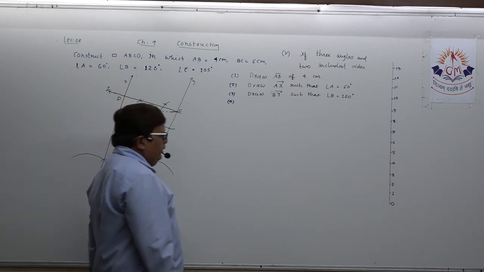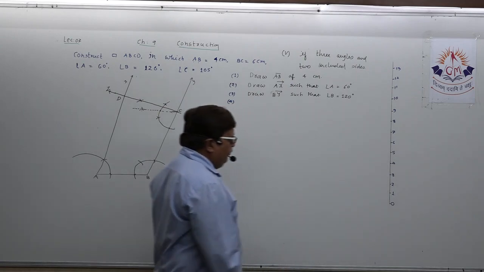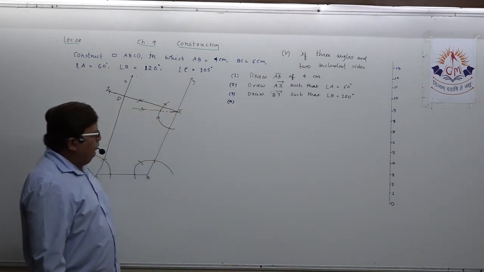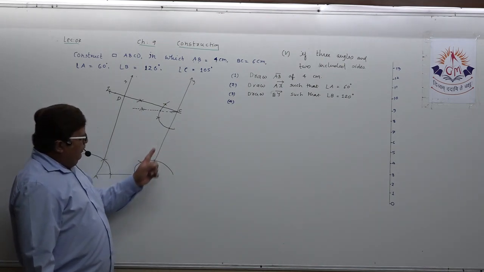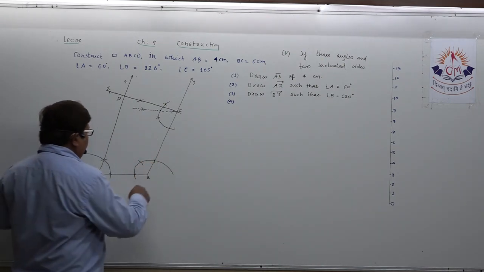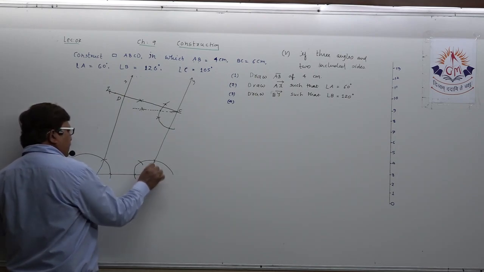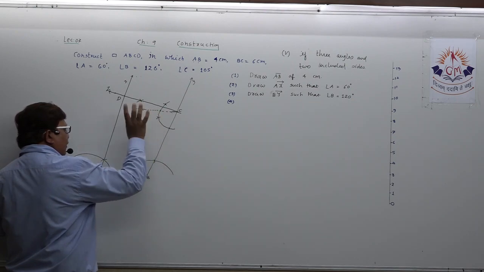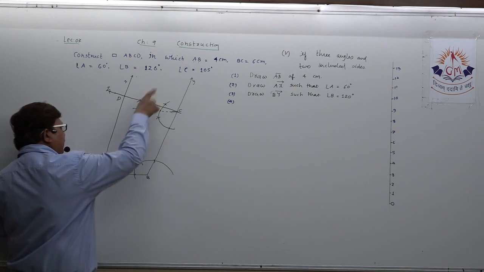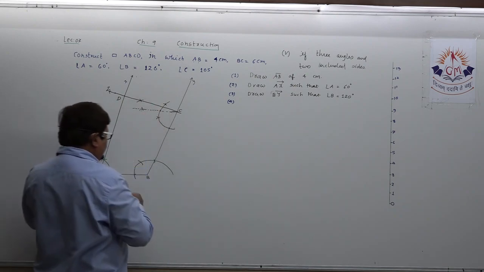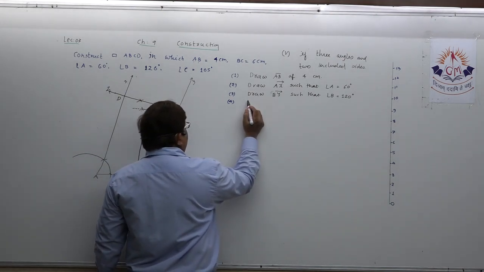How have you taken BC? You have taken a radius of 6 centimeter already. After taking the radius of 6 centimeter, you centered your compass at B and drew an arc of a circle which intersects ray BY at point C. The way you will write the step is this.